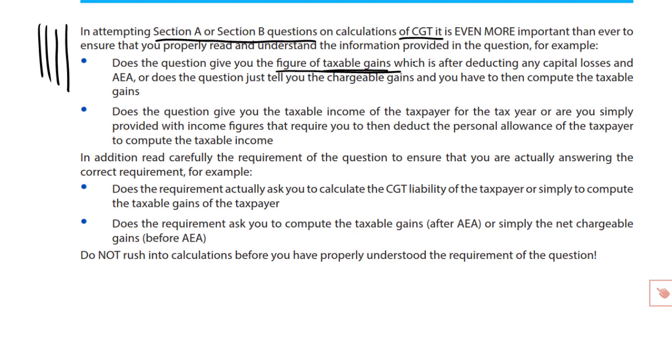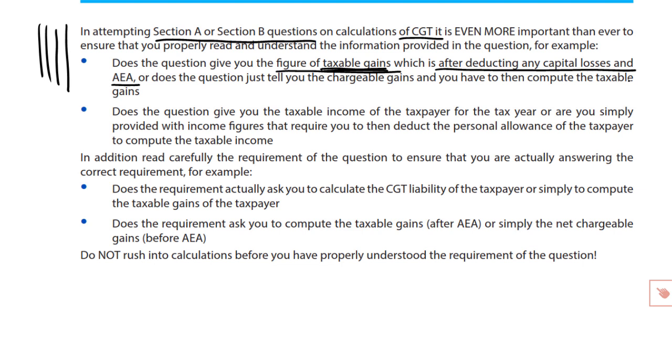But does the question give you the figure already of taxable gains? Now, what's that? It is the net gains of the year, less any capital losses brought forward, and also less AEA. So taxable gain is after deducting all those losses and the AEA, the point we make here. That is after deducting any capital losses there, and the AEA.